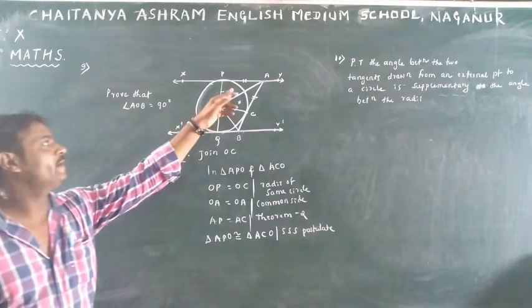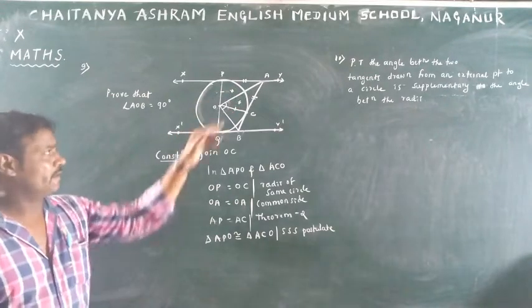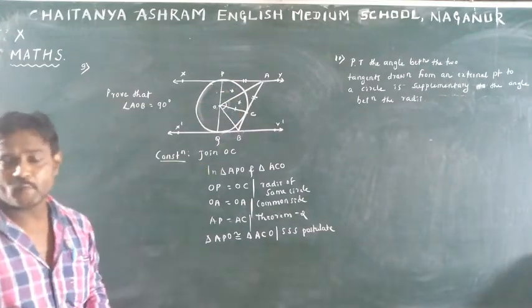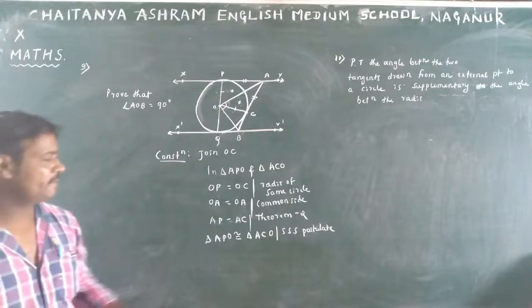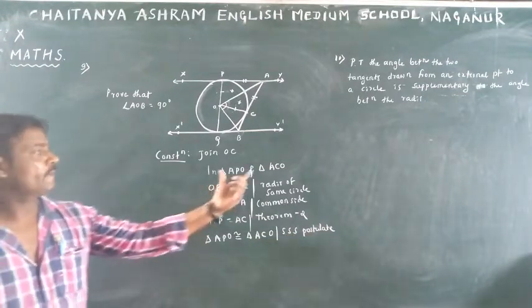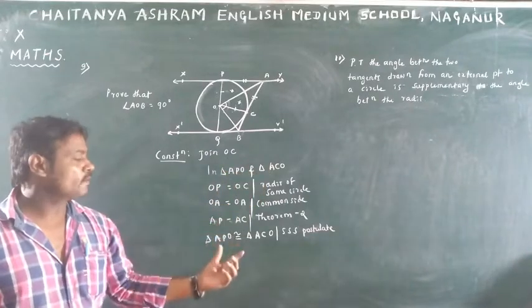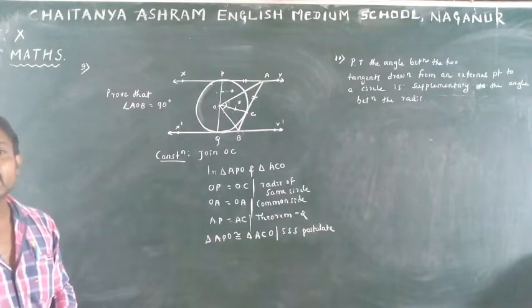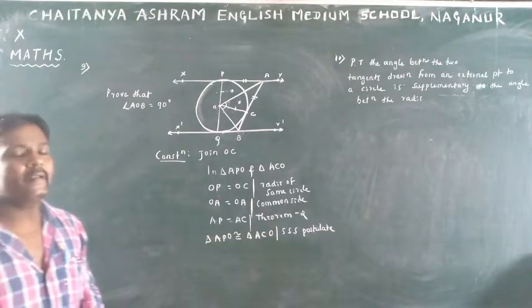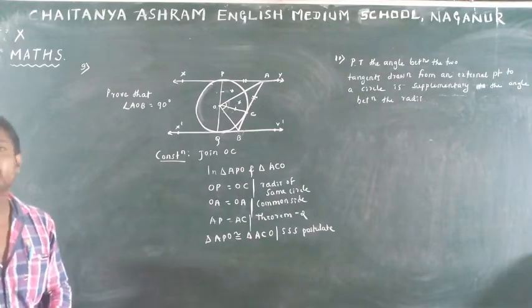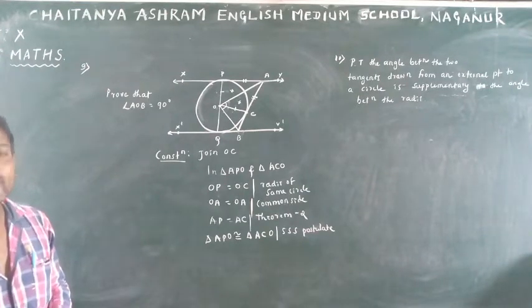The three sides of one triangle are equal to the corresponding three sides of the other triangle, then the two triangles are congruent. So here also these two triangles are congruent. Understood? If triangles are congruent, their corresponding parts, that is corresponding angles and corresponding sides, are equal.